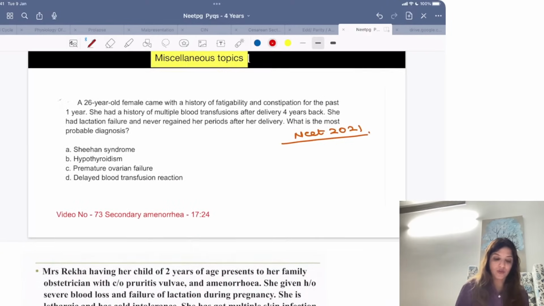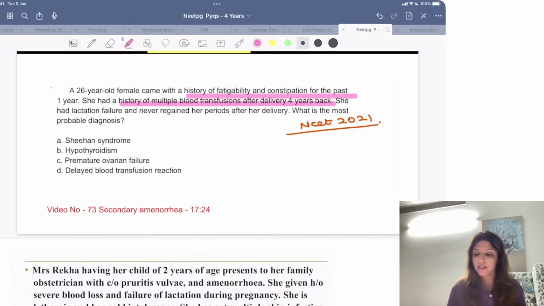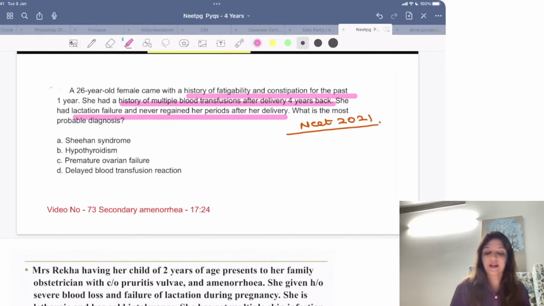Some miscellaneous topics over here. A 28-year-old female comes with history of fatigability and constipation. She has history of multiple blood transfusions after her delivery, which was 4 years back. She has lactation failure and she has never had her periods.